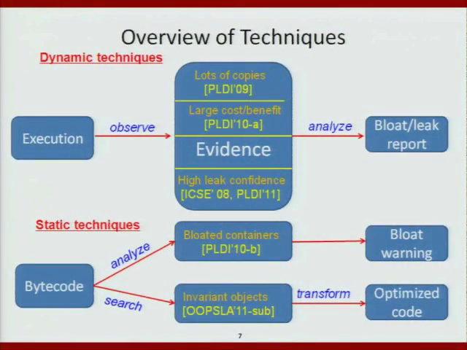For static analysis, we analyze the bytecode of large-scale applications to identify certain bloat patterns that we have previously found using the dynamic analysis, in order to either generate bloat warnings or to transform the program to produce optimized code. So for example, static analysis can be used to help programmers identify bloated containers. It can also be used to help programmers find and hoist loop-invariant data structures.